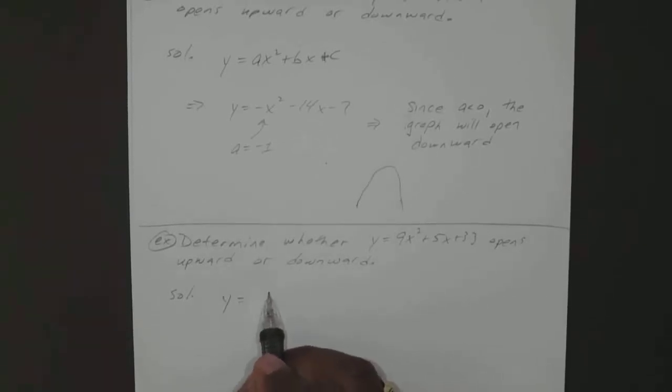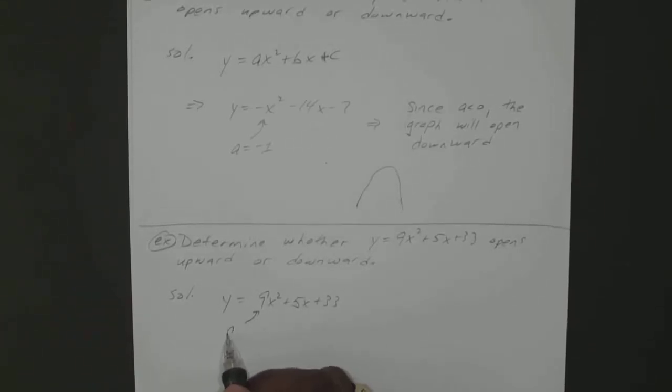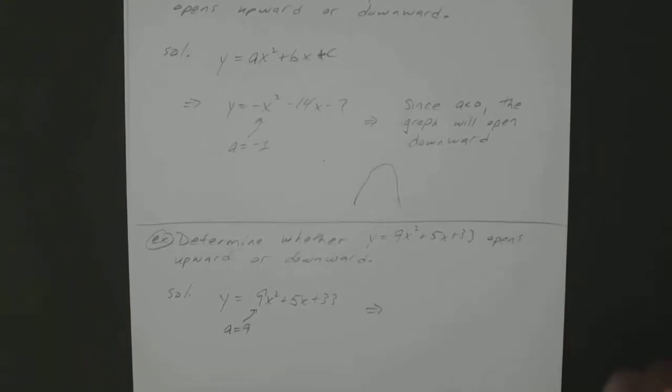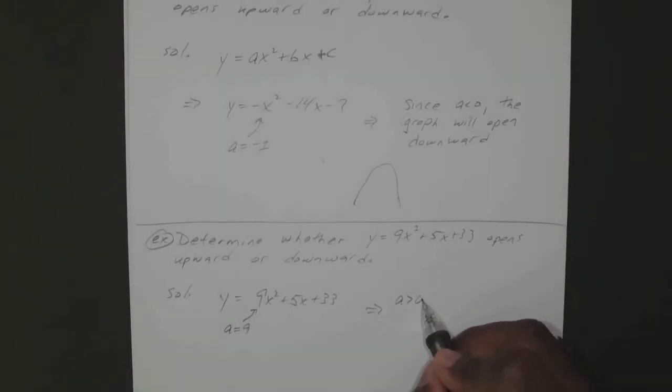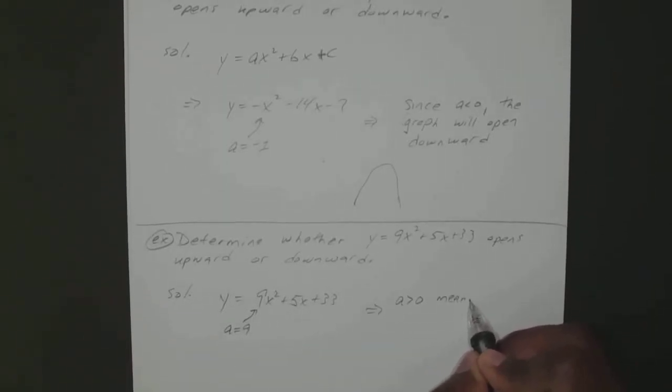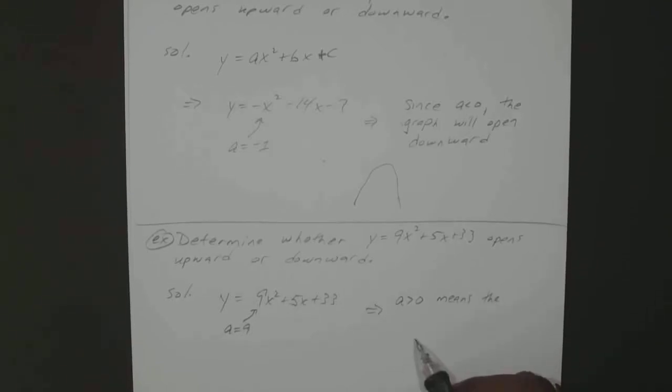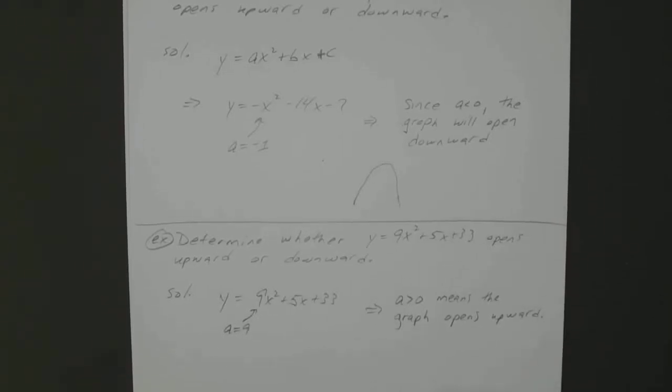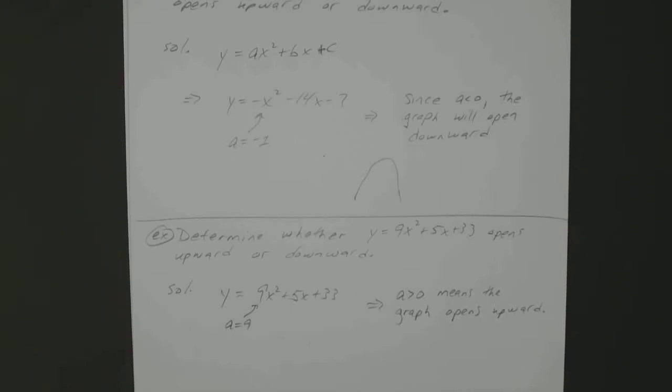If you have y equals 9x squared plus 5x plus 33, okay, you know your a is equal to 9, which means it's greater than 0. Okay, so a is greater than 0 means the graph opens upward. Okay, that a doesn't tell us much else, but tells us that much. All right, so any questions on that one?